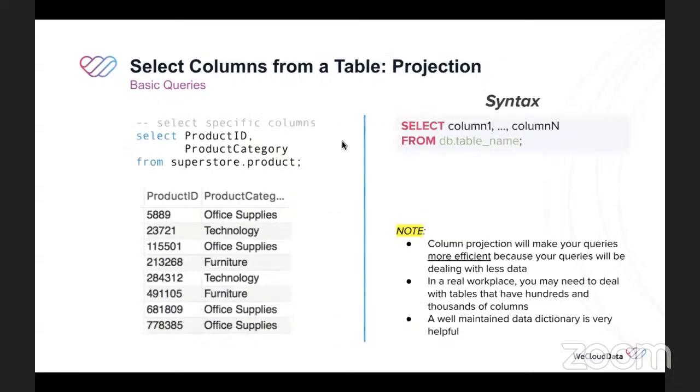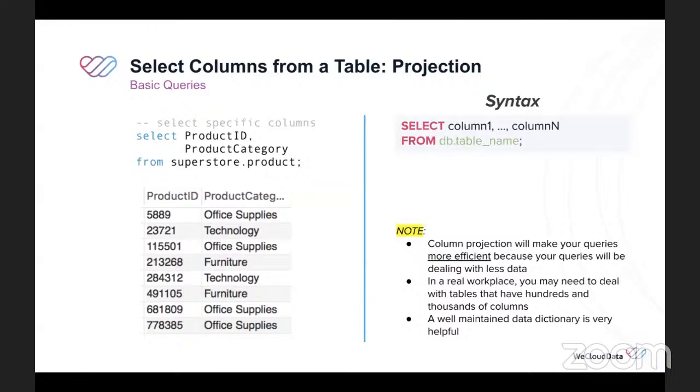And then for the projections, basically this is selecting specific columns. These column names have to exist in the table that you're referring to. So when we call product ID or product category, these are two columns that are already in the product table. If you select a column name that does not exist, you will get an error that tells you it cannot find that column in the table.